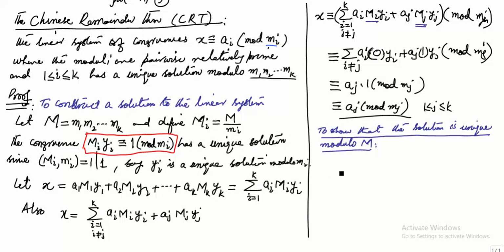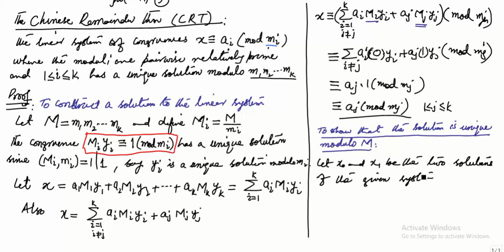So we assume that x null and x1 are the two solutions of the given system of linear congruences.